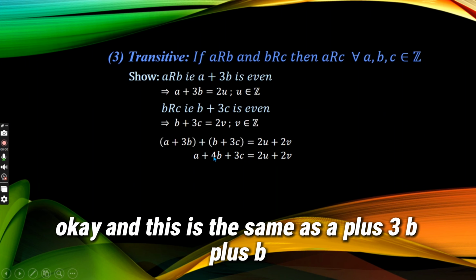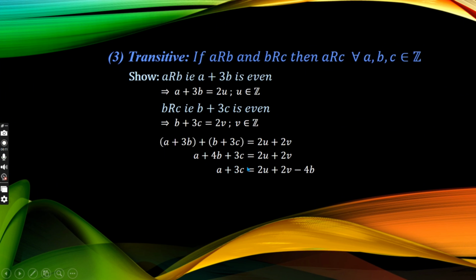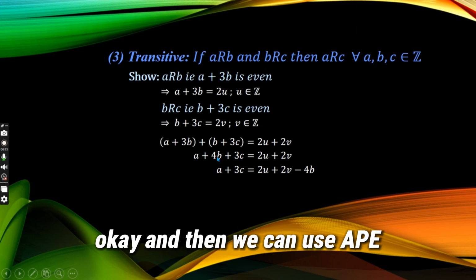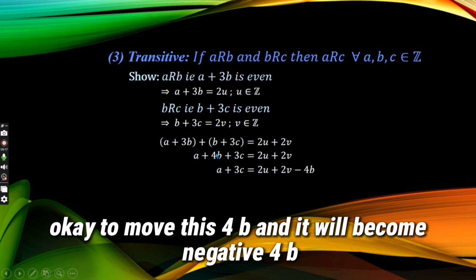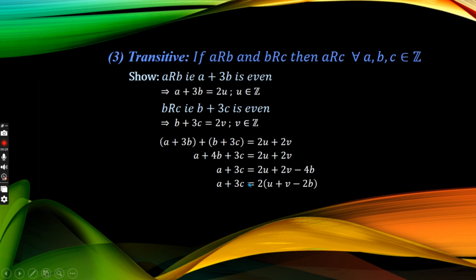And this is the same as a plus 3b plus b, 4b, copy 3c, is equal to 2u plus 2v. And then we can use APE to move this 4b, and it will become negative 4b. So a plus 3c is equal to 2u plus 2v minus 4b.